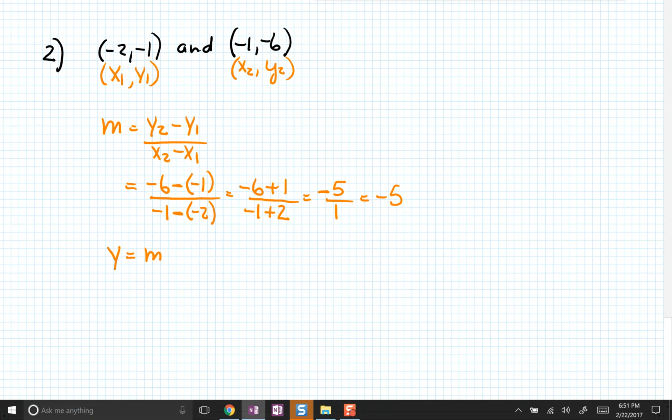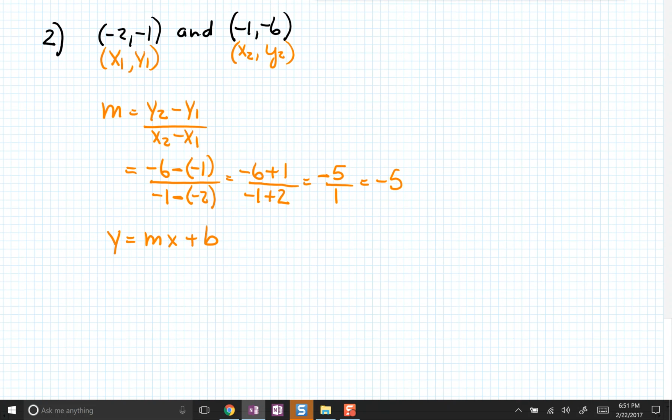Then to find what the y-intercept, b, is, we use either equation. I'm going to use the first equation this time. The first equation is going to give me a y value of negative 1. M we calculated was negative 5. X is negative 2 plus b.